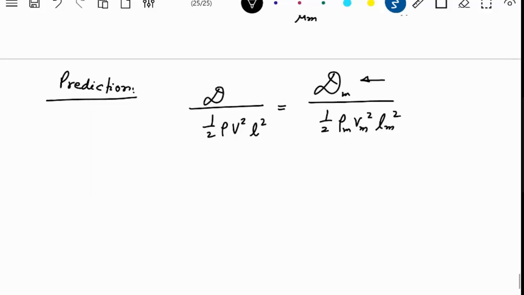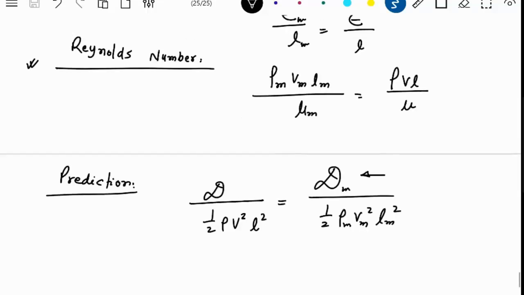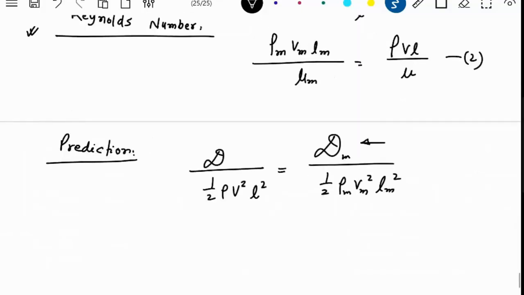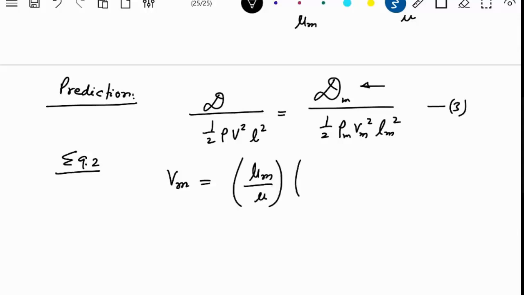Now see, from Reynolds number similarity, we can also calculate the velocity. Let's call this equation 1 and this equation 2. So from equation 2, I can write the velocity of the model. This is equal to the viscosity ratio, density ratio, and then length ratio times velocity.